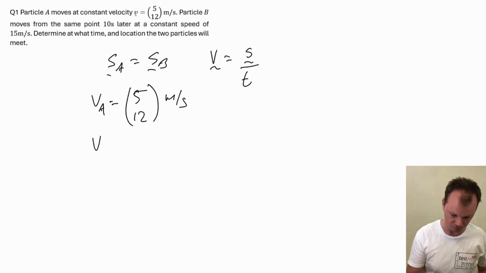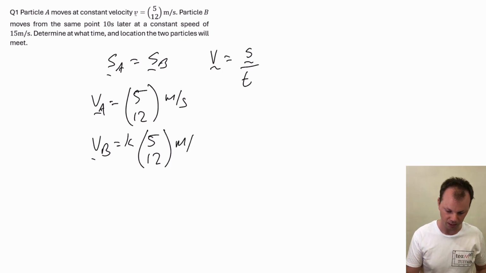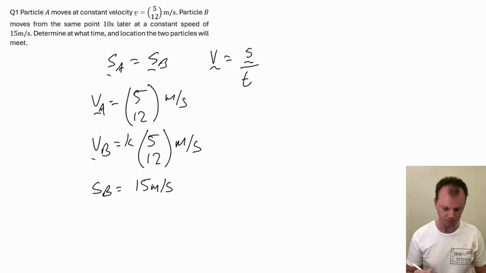The velocity of B, we know it's heading in the same direction, but it's some scalar multiple of that. It should be going a bit faster if particle B is to catch particle A, but this is what we know. We also know that the speed of B is 15 meters per second.